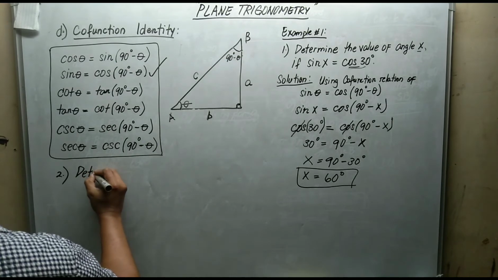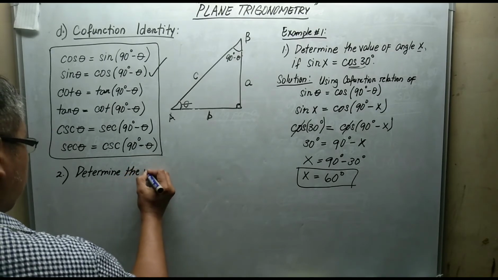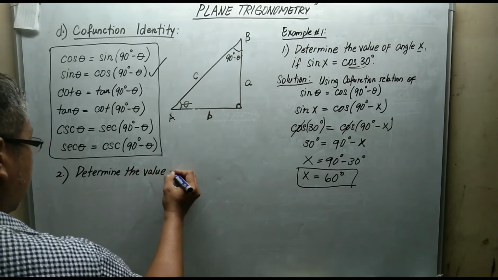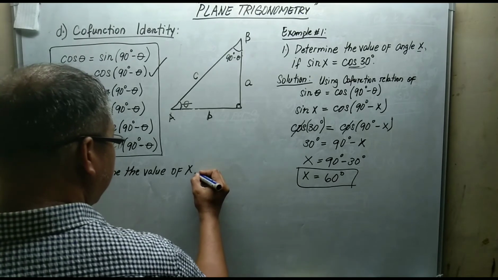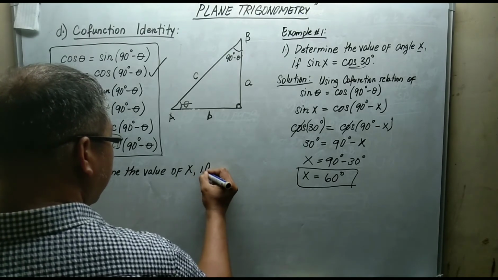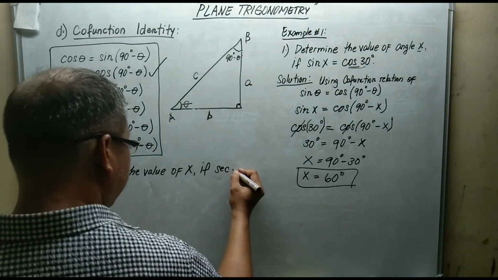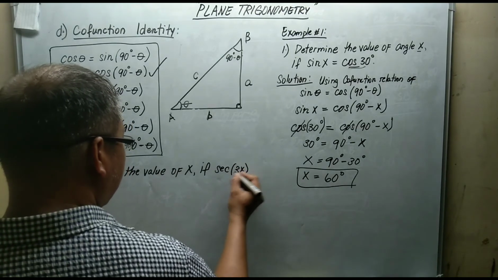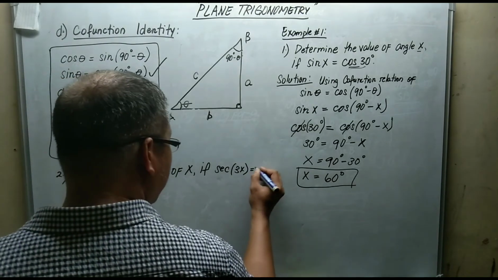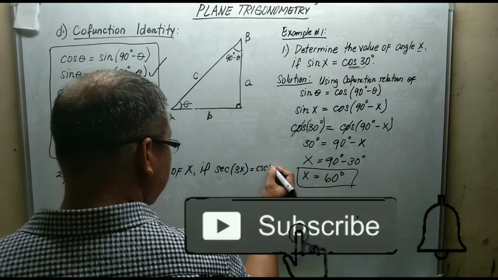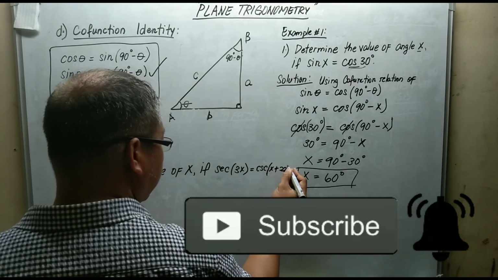Determine the value of x if secant 3x is equal to cosecant x plus 22 degrees.